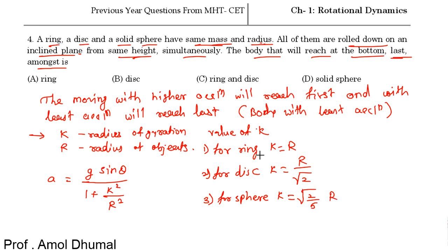These are the values for radius of gyration of ring, disk and sphere. Putting these values in this equation, we can find out the acceleration for each object.